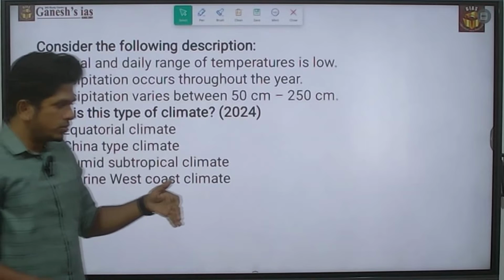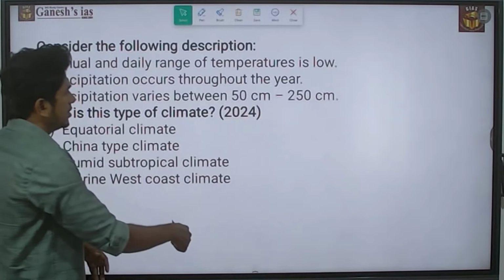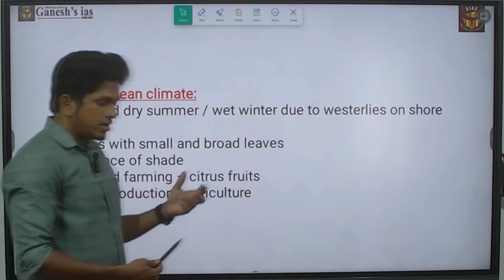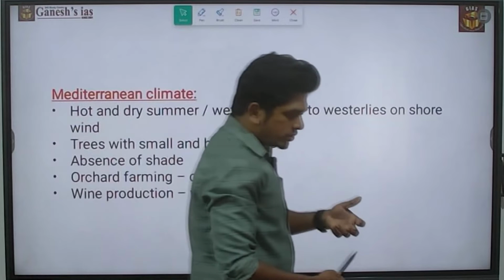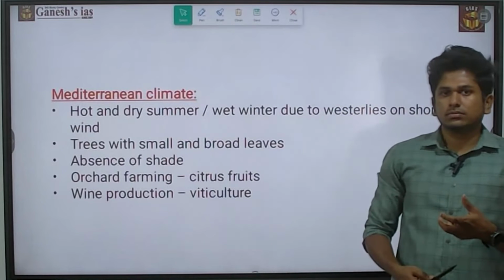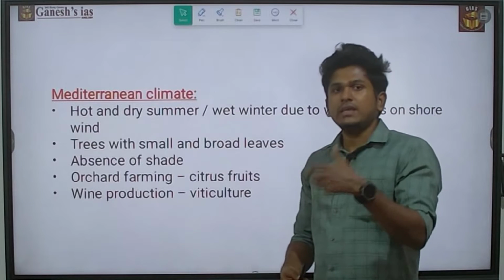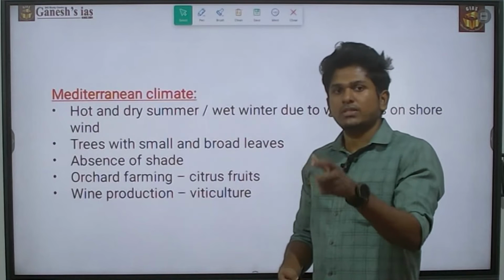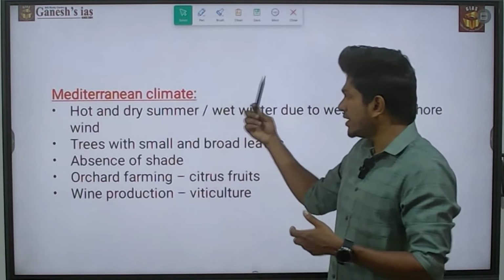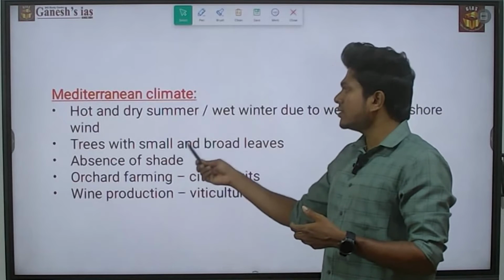So what we are going to do is discuss this question, and then based on the same pattern, what questions they may ask, and also the uniqueness of the specific climates. Based on that uniqueness, in a paragraph question, you can easily identify which type of climate the question is speaking about. For example, when it comes to the Mediterranean climate, orchard farming is the uniqueness.